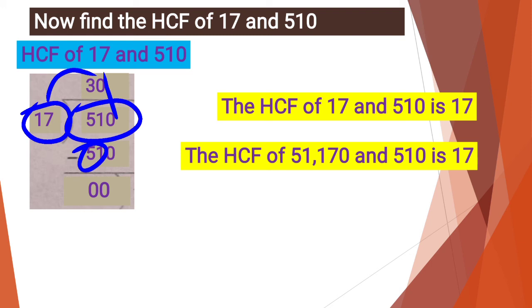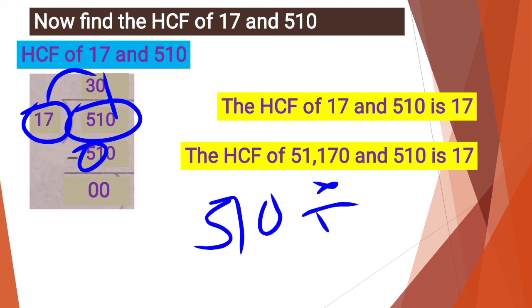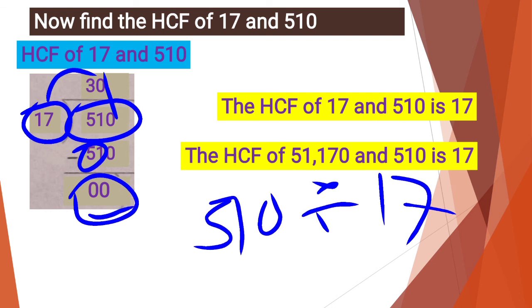It means that 510 is exactly divisible by 17. 30 will be the quotient, but we want the remainder, which is 0. If the remainder is 0, then for the numbers 510 and 17, their HCF will be 17.